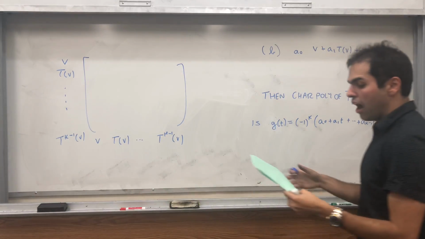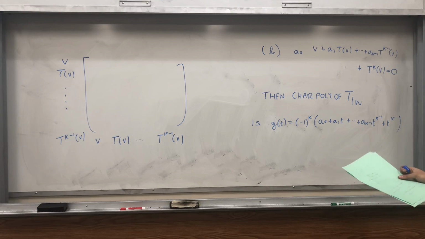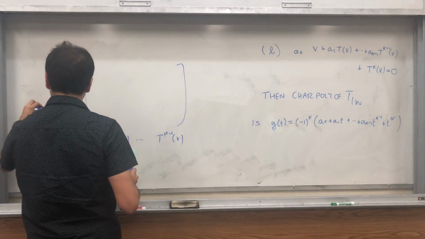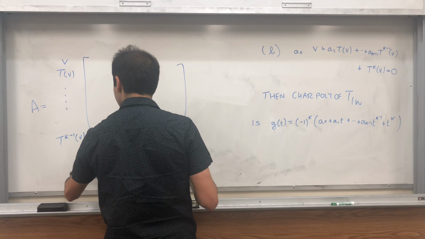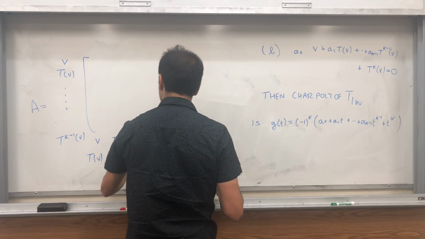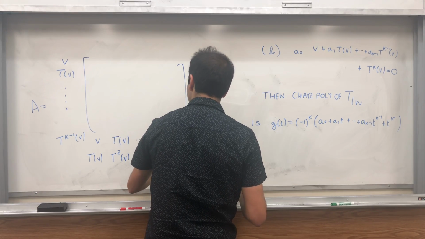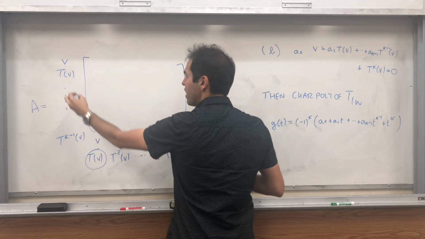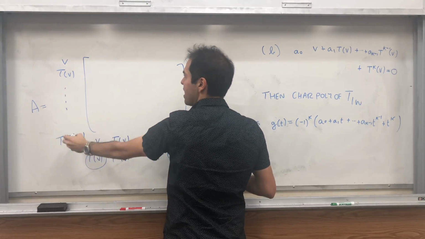Now remember, how to find the matrix of your linear transformation? You apply T to your basis vectors to get Tv, T^2 v, ..., up to T^k v. Now, Tv, how can you write this in terms of those vectors?